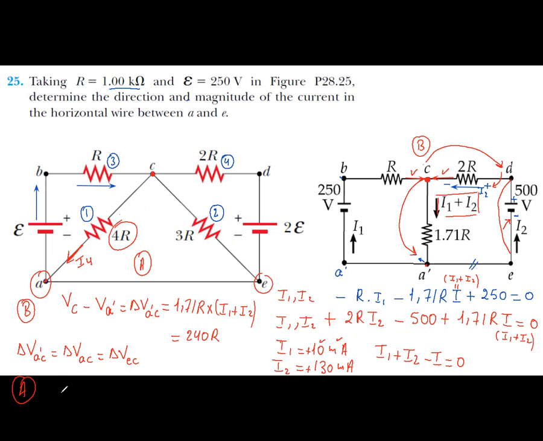So we can say delta V AC equals R times I. So I4 equals 240 R in volt, okay? In volt.